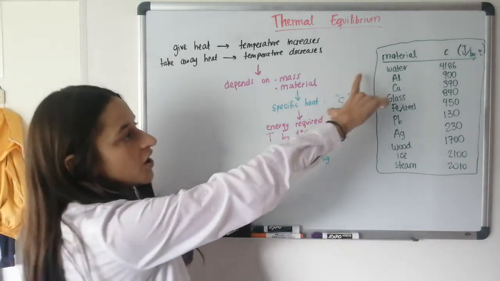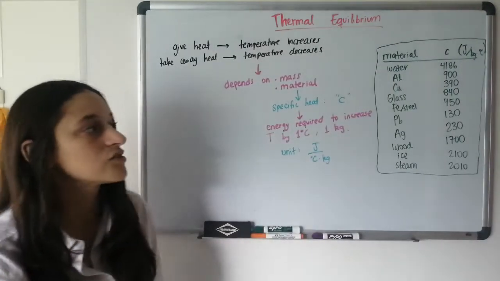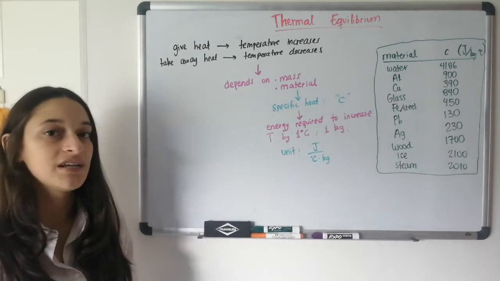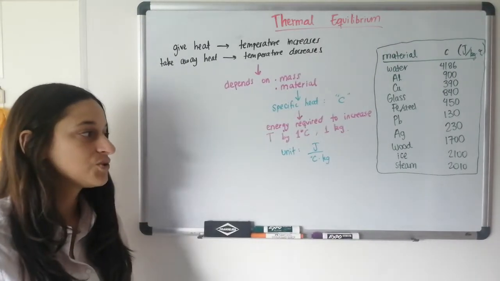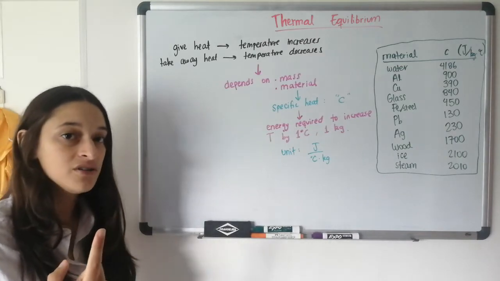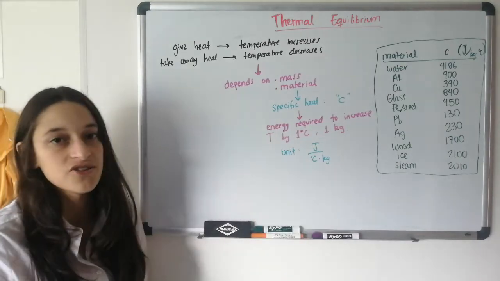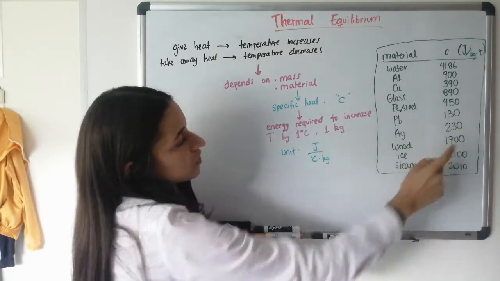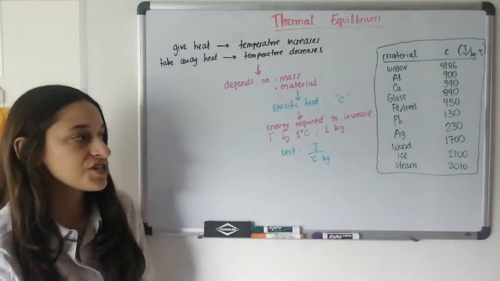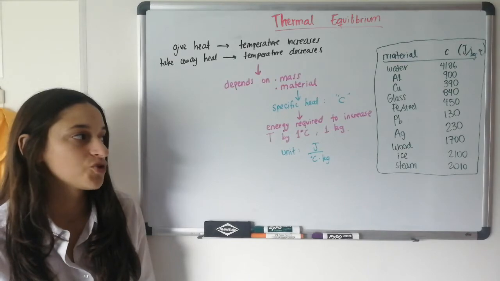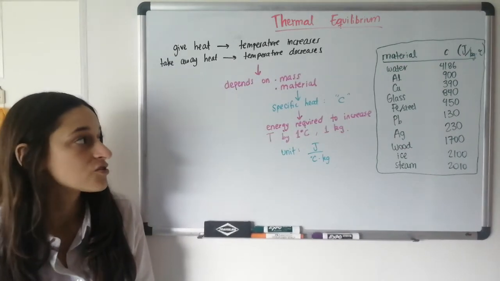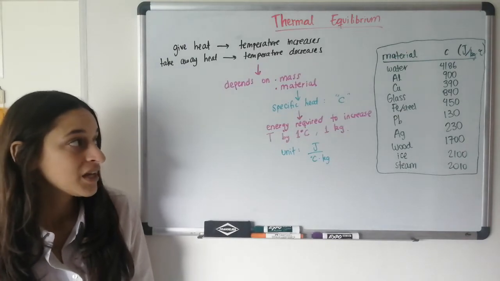What does it mean that water has a specific heat of 4,186? That you need 4,186 joules of energy to change 1 kilogram of water's temperature by 1 degree Celsius. And for silver, you need 230 joules of energy to change the temperature of 1 kilogram of silver by 1 degree Celsius. So that's what specific heat means.